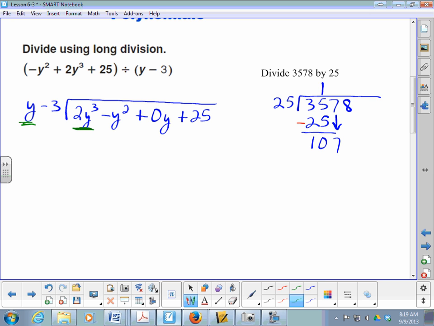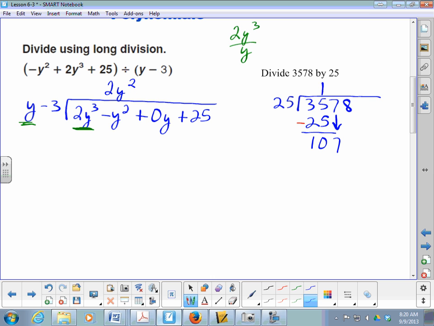So what is 2y cubed divided by y? Right? So we're talking about this. 2y cubed divided by y. That's 2y squared. So we will put 2y squared over the y squared term. I want to keep my terms lined up.